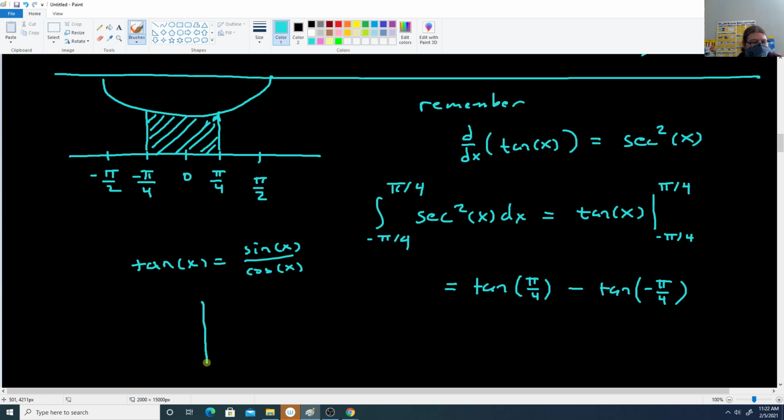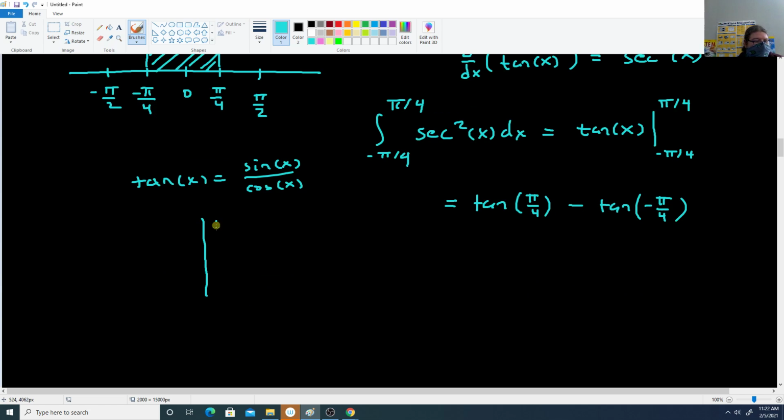On the unit circle, pi over 4 is the 45-degree angle. The x-coordinate is cosine, square root of 2 over 2. The y-coordinate is sine, which is square root of 2 over 2. Since they're the same at pi over 4, tangent is square root of 2 over 2 divided by itself, so that equals 1.